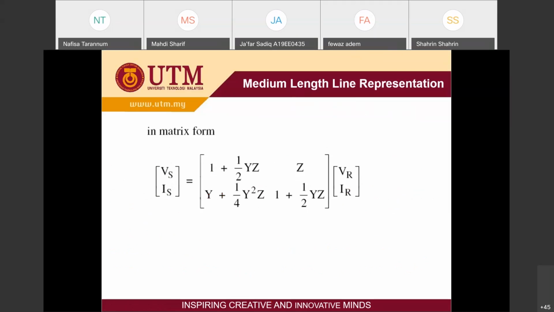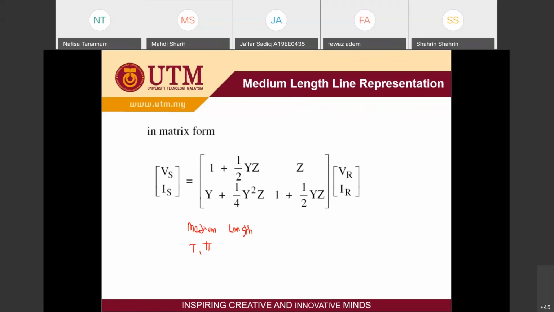So actually for the medium length line, we have pi and also T. The representation is different, but the answer will be similar. The final answer, for example, to get your sending voltage and so on, is the same. You will have the same answer.